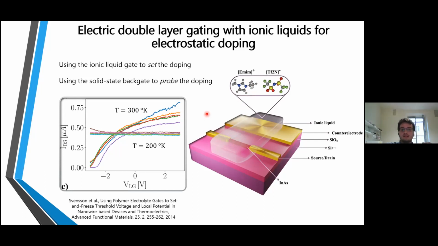What we do next is cool down the system so that we can apply backgate voltages without any spurious contributions to the ionic arrangement due to the backgate. In this way, we can probe the electrostatic doping regime by performing electrical transport measurements employing the backgate.